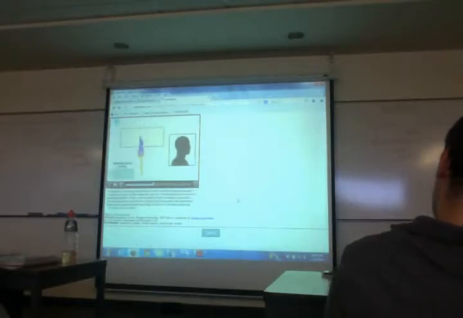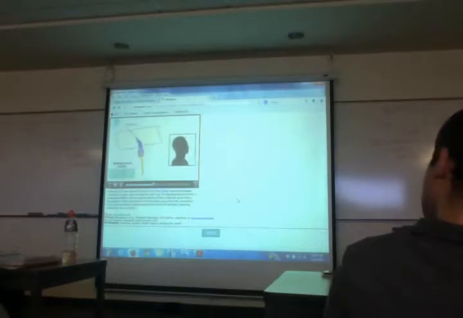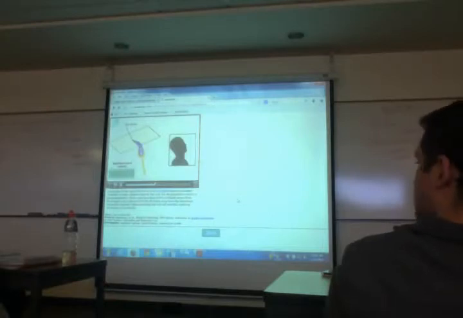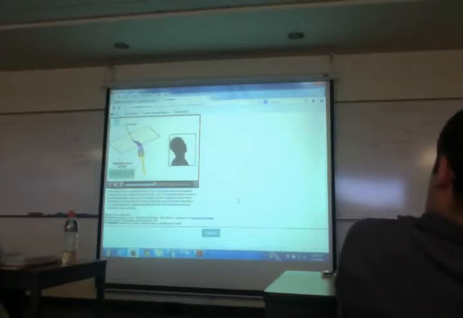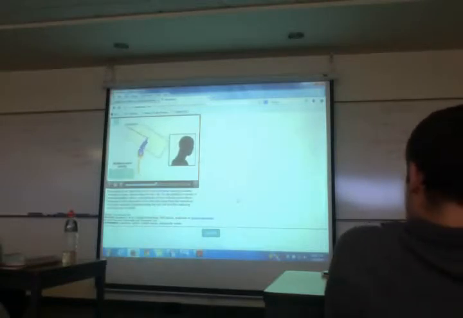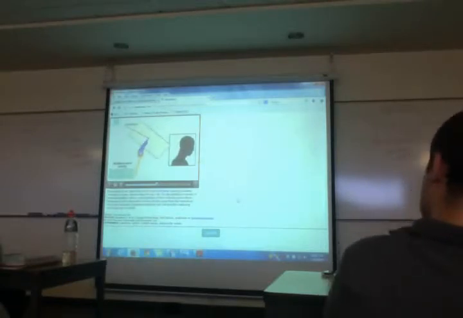Movement of the stereocilia toward the kinocilium causes potassium channels to open, depolarizing the hair cell. The depolarization results in neurotransmitter release and excitation of the vestibular nerve fibers. Movement of the stereocilia away from the kinocilium closes the channels, hyperpolarizing the hair cell and thus reducing vestibular nerve activity.